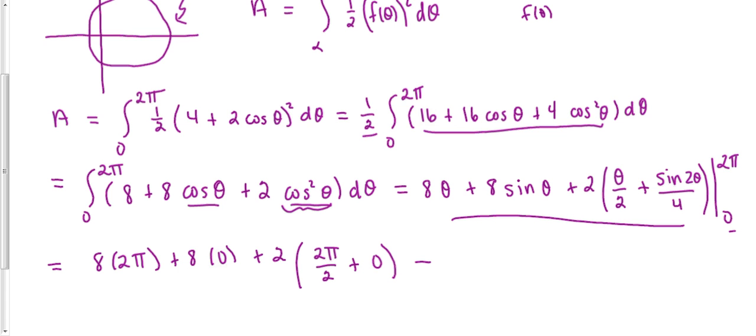And I think if you look closely, you'll see that that's just going to give us a 0. I can cancel those 2's, and so I'm going to end up with 16 pi plus 2 pi, or an area of 18 pi.